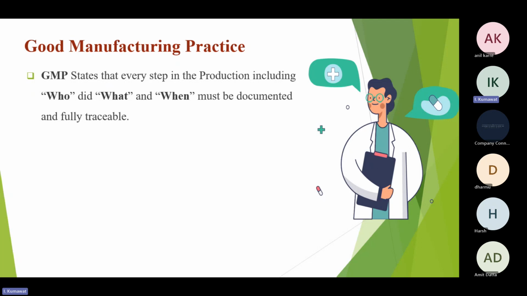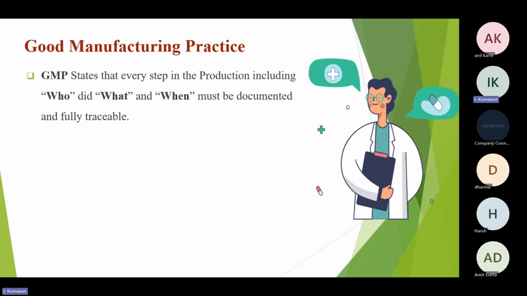Suppose we are going to manufacture one product. First of all we have to prepare or design a team containing a number of people: the production persons for manufacturing, the quality persons for testing, and the QA persons for assurance of the quality of the product.